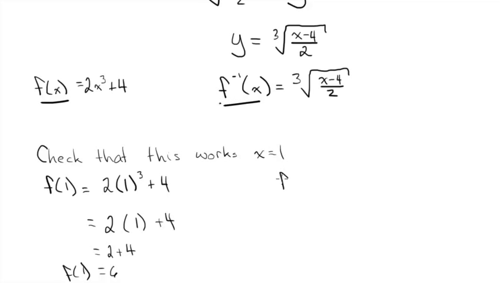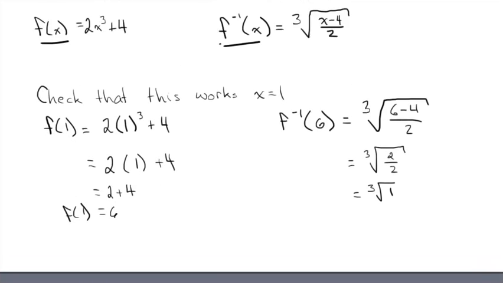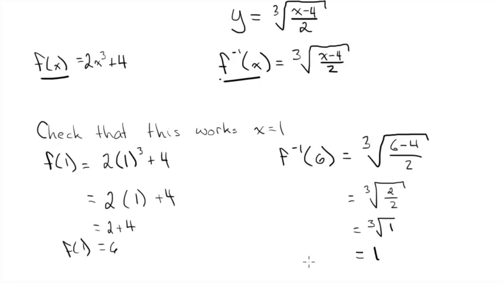That means that f inverse of 6 should take us back to 1, right? So if I sub 6 into this equation for f inverse, 6 minus 4 over 2, cube root of 2 over 2, which is the cube root of 1, which, lo and behold, is equal to 1. So that's mighty good. It works for this value. And you could check a bunch more points if you want, but if it works for 1, it's probably good for the rest, as long as we didn't make any other mistakes.